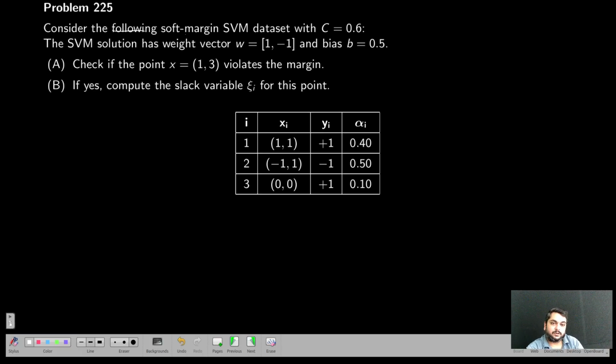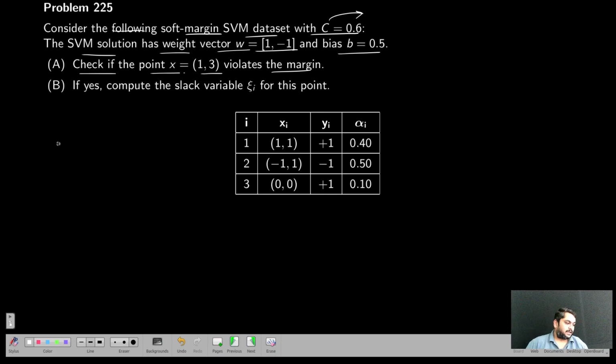Consider the following soft margin SVM dataset with C equal to 0.6, that is, the penalty regularization hyperparameter is given as 0.6. The SVM solution has weight vector W equal to (1, minus 1) and the intercept is 0.5. Check if the point x equal to (1, 3) violates the margin. So with this data, how will you check?